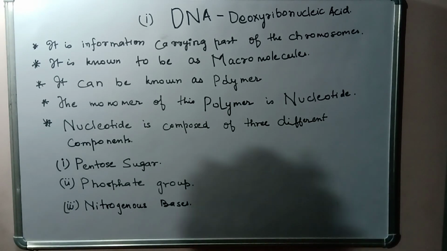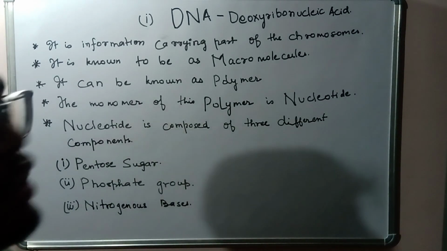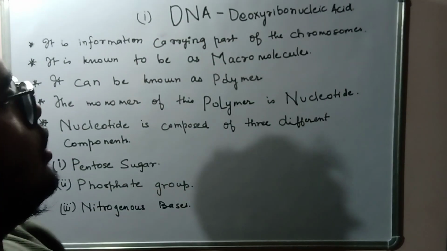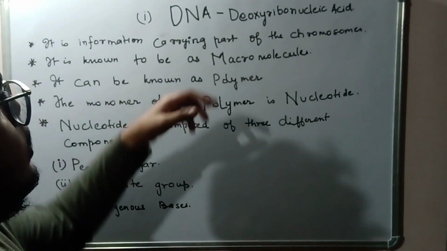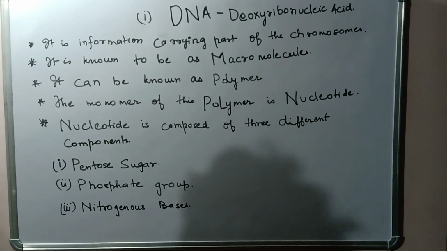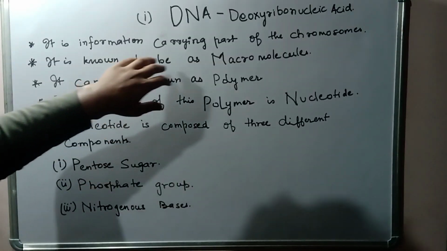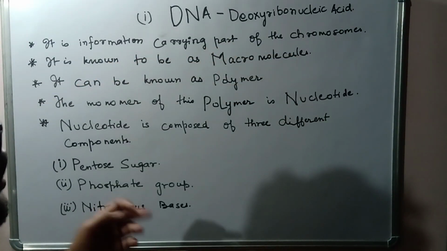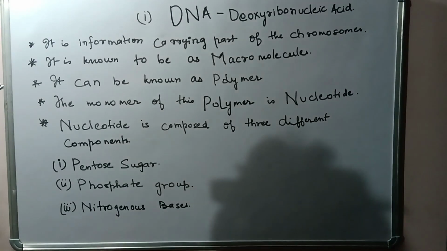Now moving further, we will discuss the first part of the chromatin, which is DNA. As we know its full form, it is deoxyribonucleic acid. It is the main information carrying part of the chromosome from the parents to its offspring.